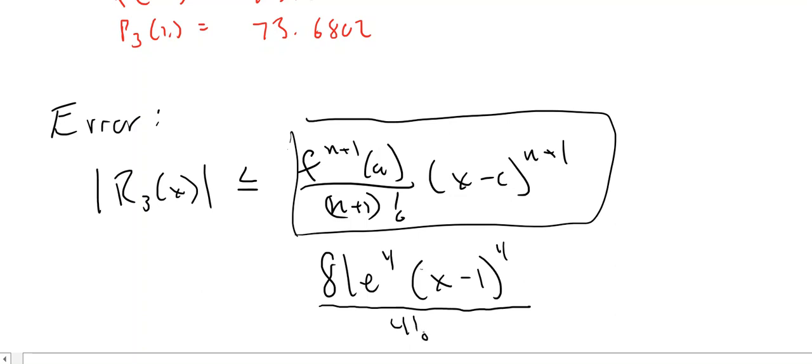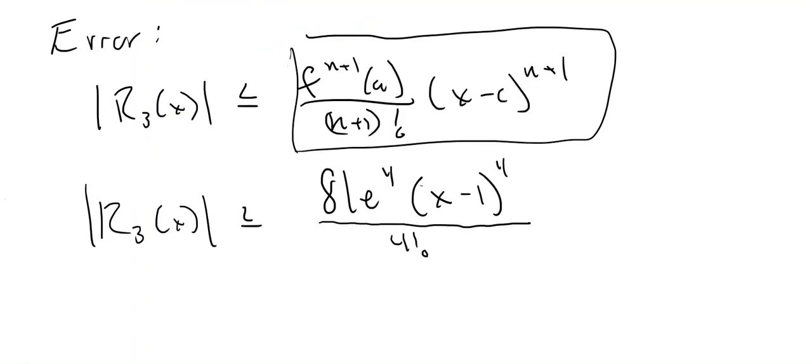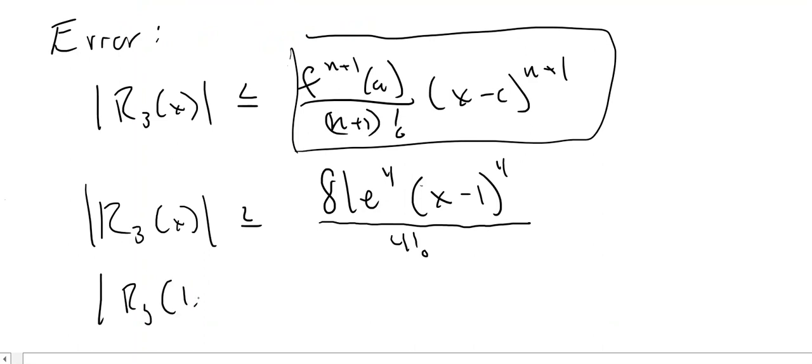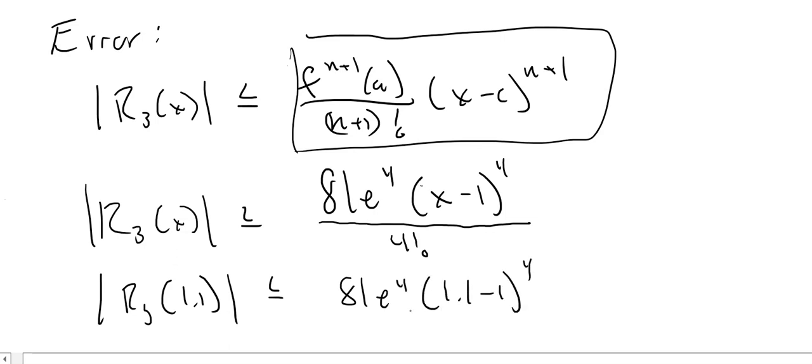So there we have it. So the absolute value of r sub 3 of x is going to be less than or equal to this. And then all we want to do is put in 1.1: less than or equal to 81e to the fourth times 1.1 minus 1 to the fourth all over 4 factorial.